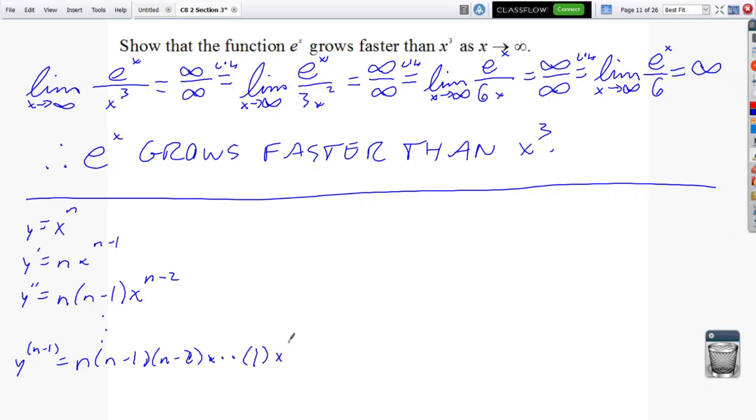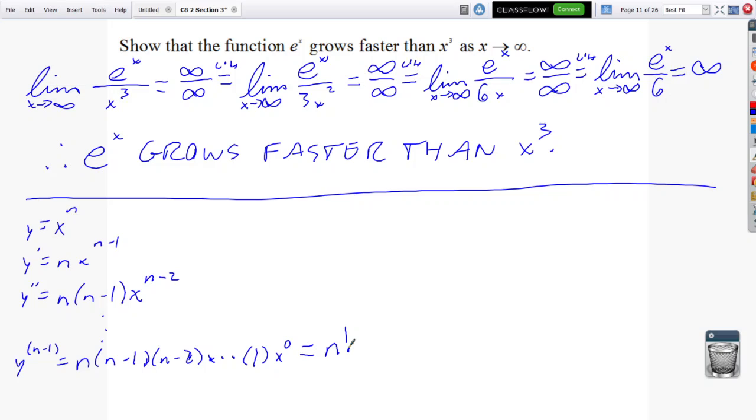And then it would be x to the 0th power over here. So we actually have a way of writing out n times n minus 1 times n minus 2 times n minus 3. In this case, it would have been 3 times 2 times 1. We call that a factorial. So if you have an nth degree polynomial, I'm all right with you just using n factorial.